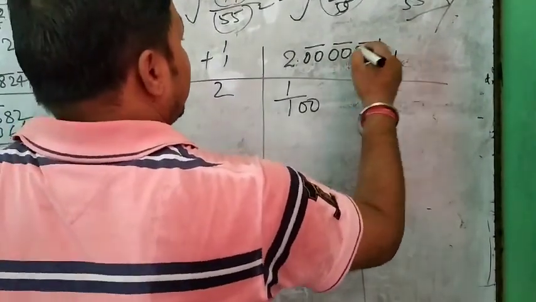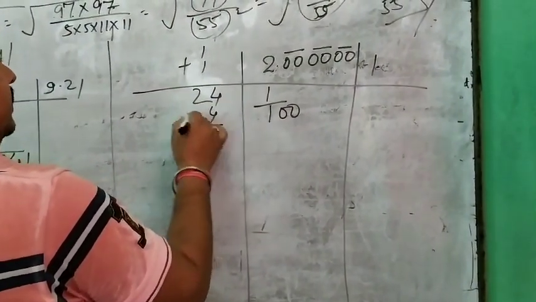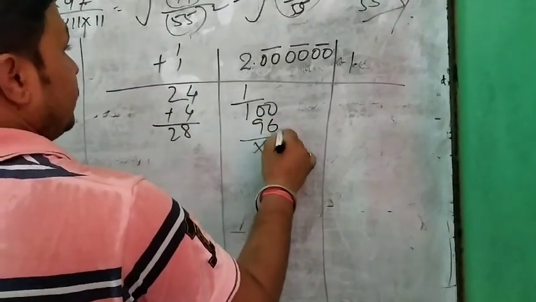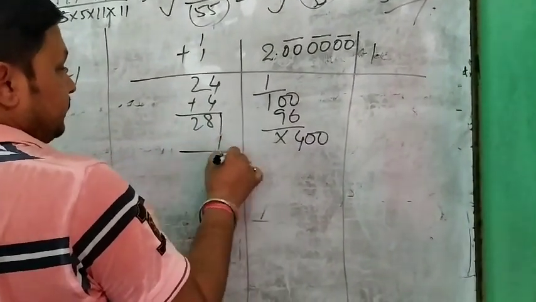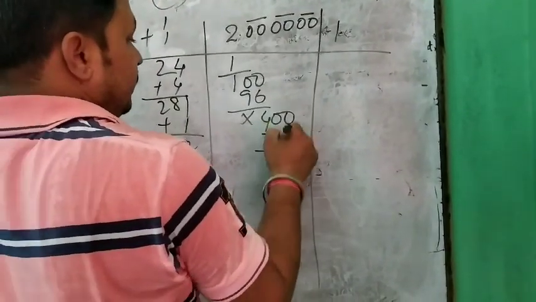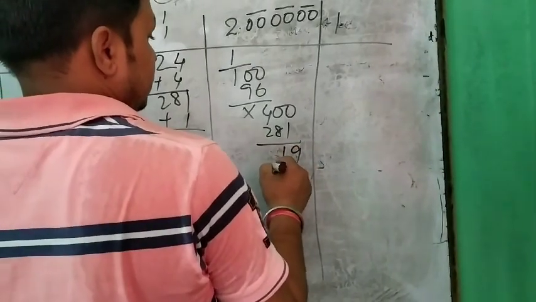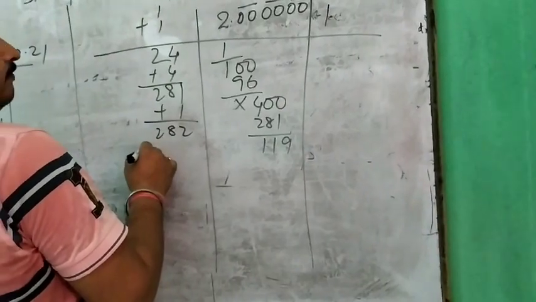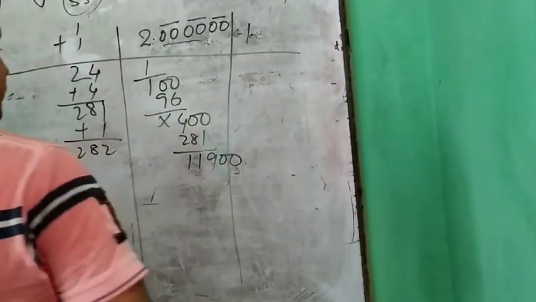That means 1 point. 4 times 8, 2, 96, 4, 0, 0. We take 1 times 2, 8, 2, 2, 8, 1. We got 9, 9, 1, 3, 1.